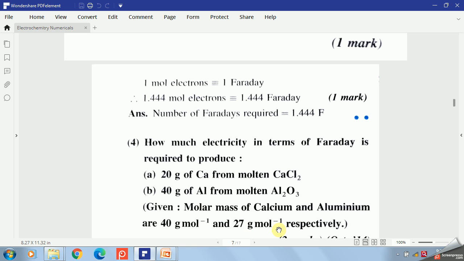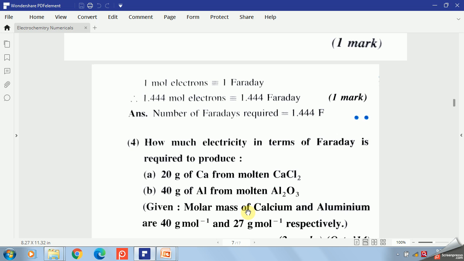So you have to calculate how much quantity of electricity in terms of Faraday is required. So it is very simple if you write the correct reaction. So remember that calcium is always Ca2 plus, because Cl is 1 minus, there are 2 chlorine, so 1 Ca carries 2 plus charge. Oxygen is 2 minus, so 3 oxygen carry 6 minus, divided by 2 means Al carries 3 plus. You must know the correct charges of that metal cation.